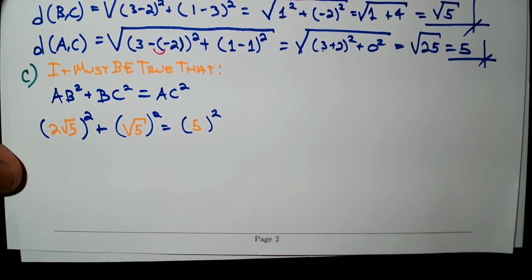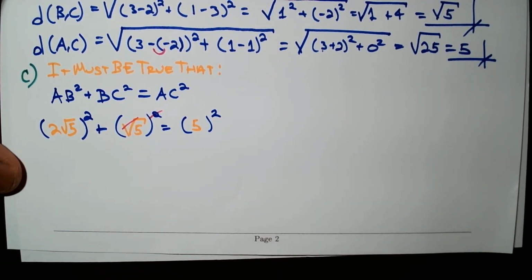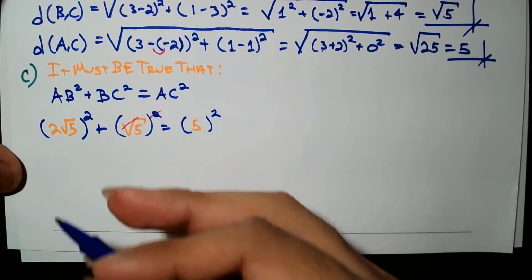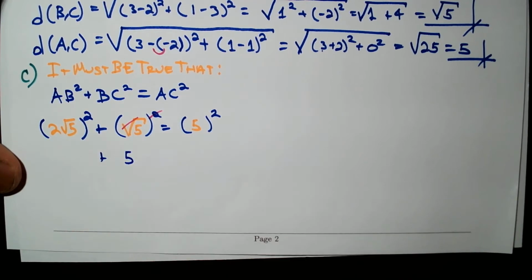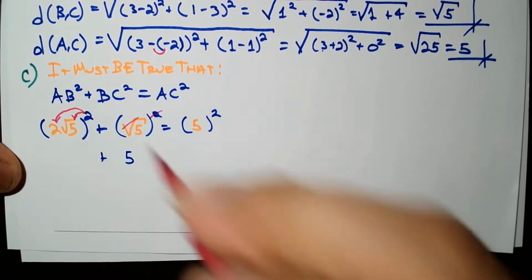Alright, so how are we going to simplify this? Well, here the radical cancels the square, which is going to give us a 5 here. And here, if you prefer, you might want to distribute the power to each of the factors.